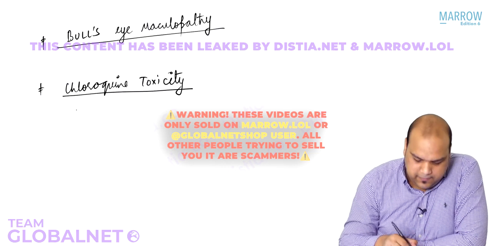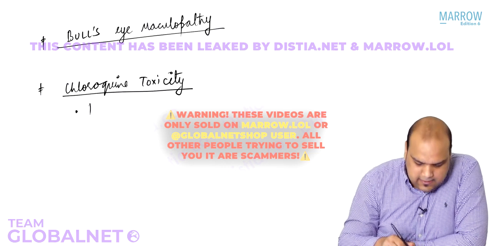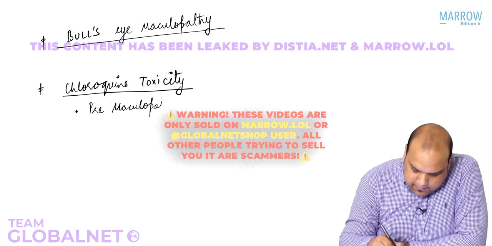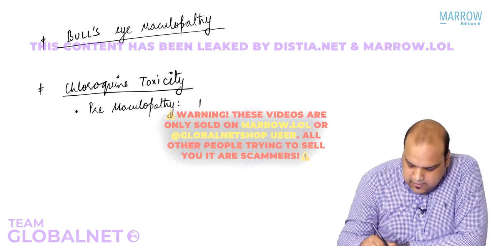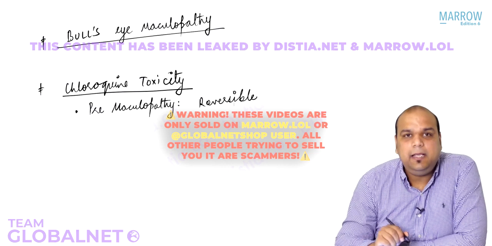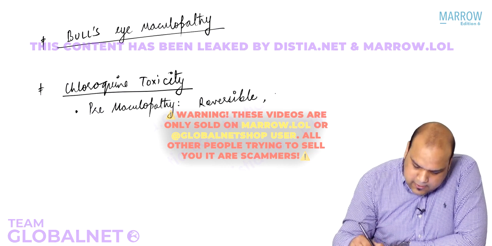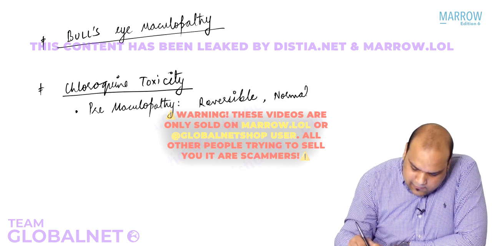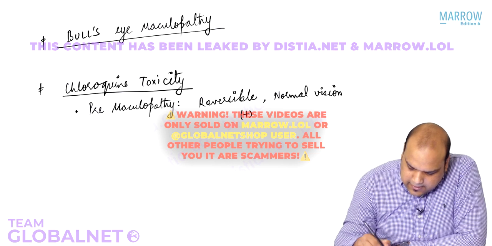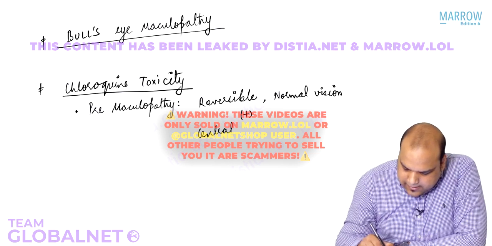Chloroquine toxicity. Stage 1 is called the pre-maculopathy stage. In the pre-maculopathy stage, on stopping the drug, all the changes in the eye will be reversible. There is normal vision, but there is central scotoma.